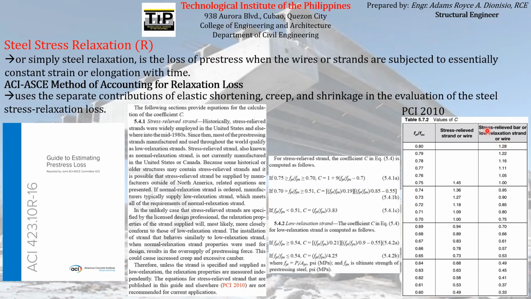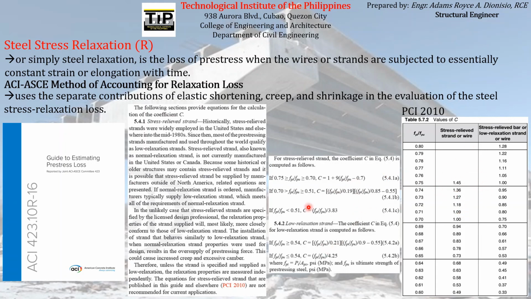So you can use both methods: the method specified in ACI 423.10 or the values of C that can be found in PCI 2010, the predefined values of C. For simplicity, you can use this because the values of C are already predefined, unlike in the method specified in ACI 423.10, where you still have to compute for the value of C. So this is easier to use.